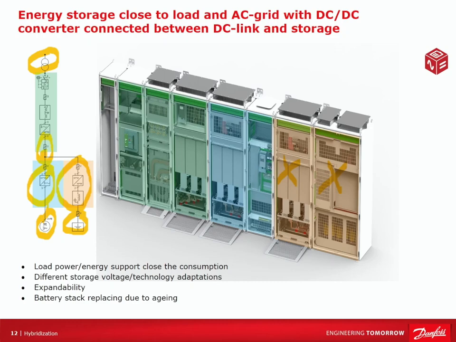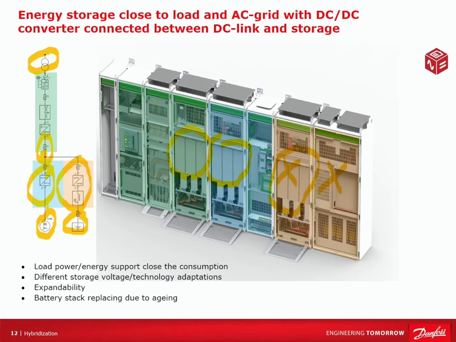Now, what is nice about the overall construction of this topology is that the inverters themselves are all of the same, or could be potentially the same hardware depending on the sizing. So the inverters for the active front end, the inverters for the load, as well as the inverters for the DC to DC can all be the exact same hardware.